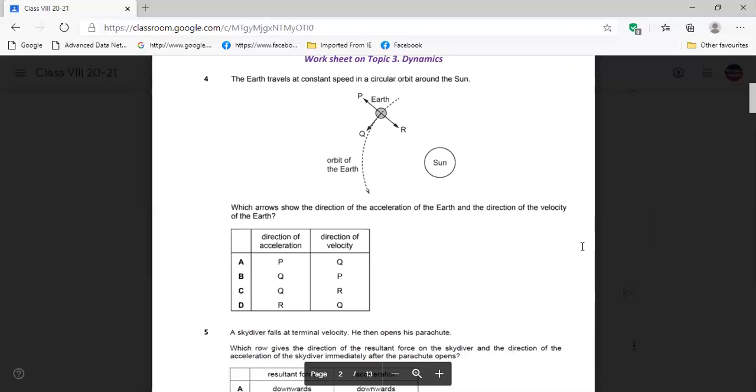The Earth travels at a constant speed in a circular orbit around the Sun. Which arrow shows the direction of acceleration of the Earth and the direction of velocity of the Earth?